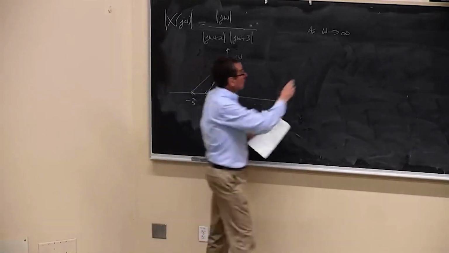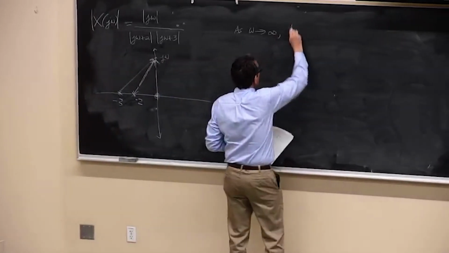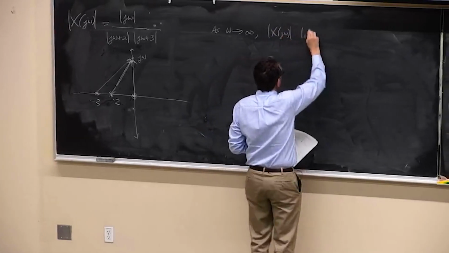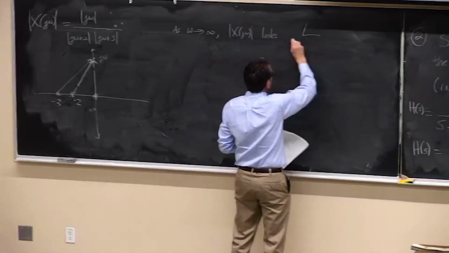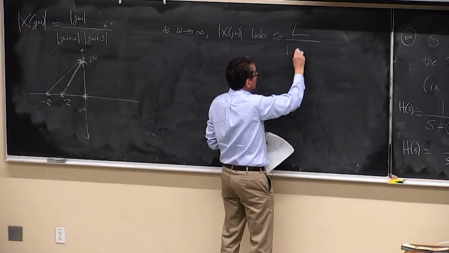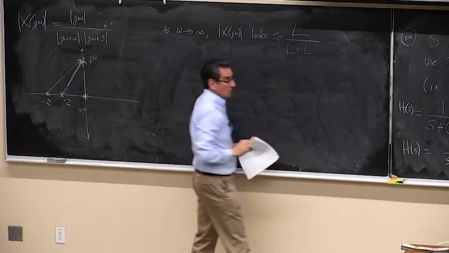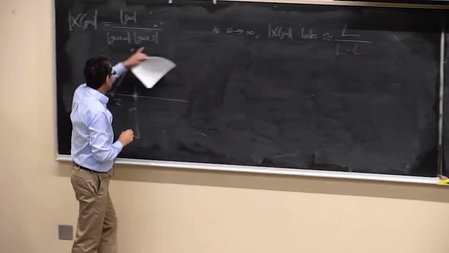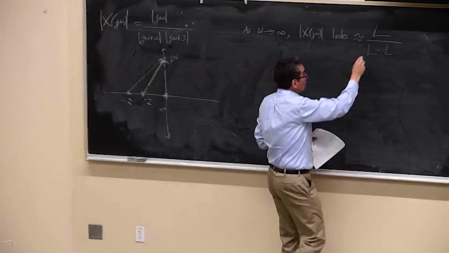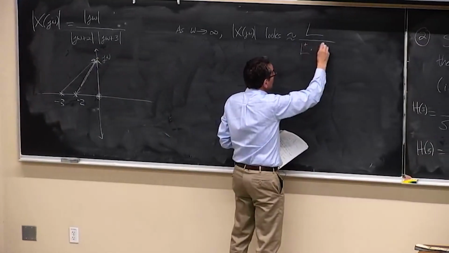So as omega goes to infinity, the magnitude looks like approximately some large number L divided by that large number L times that large number L. It's not exactly, these are going to be a little bit longer, so I'll put a plus there.